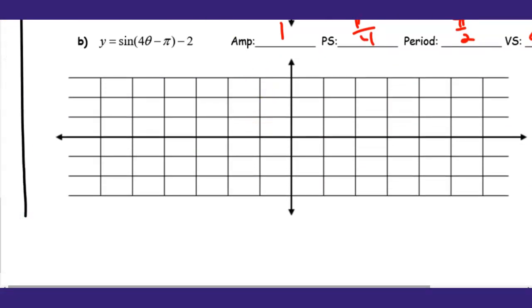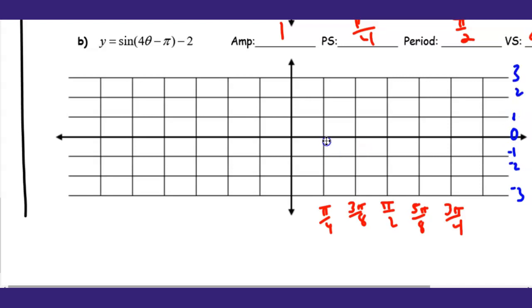You're going to write out your x values like we had written down: pi over 4, 3 pi over 8, pi over 2, 5 pi over 8, 3 pi over 4. And then the y values: 0, 1, negative 1, negative 2, negative 3, 1.